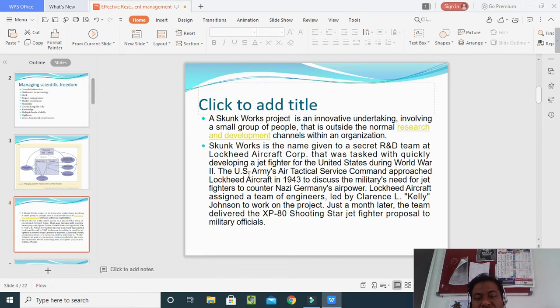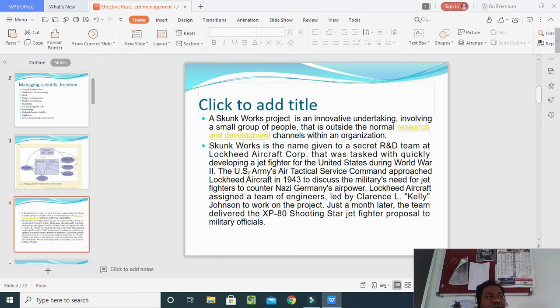During World War II, Germany was in need of weapons. Skunk Work is a name given to a secret research and development team at Lockheed Aircraft Corporation. It was a totally secret mission, tasked with quickly developing a jet fighter.